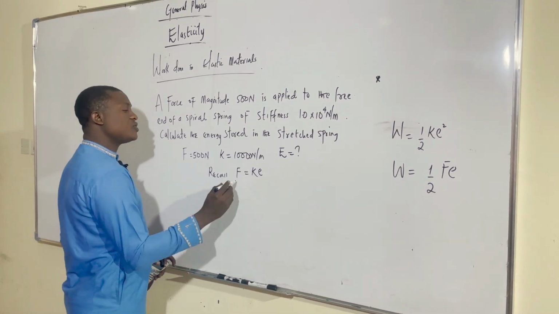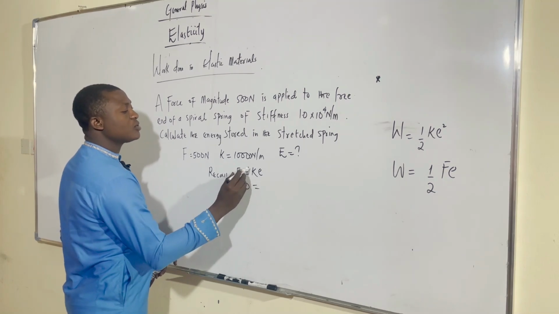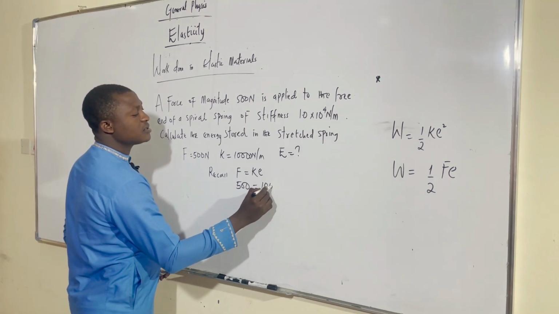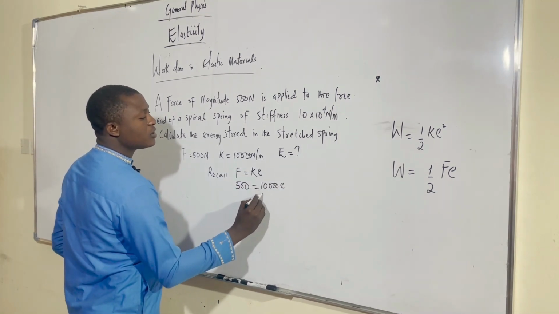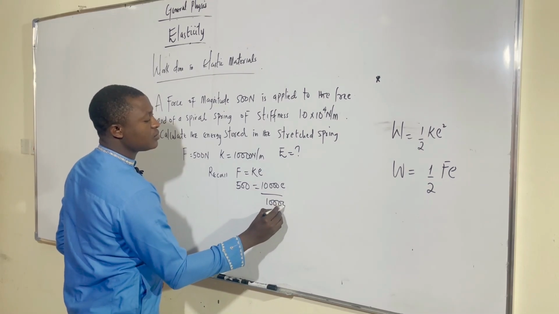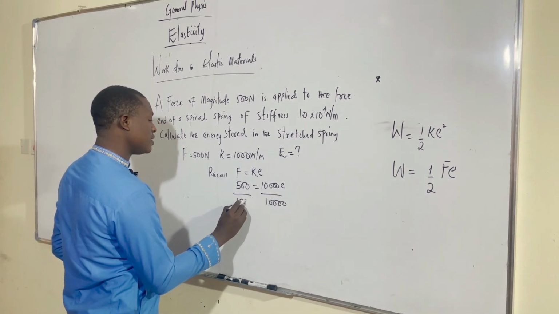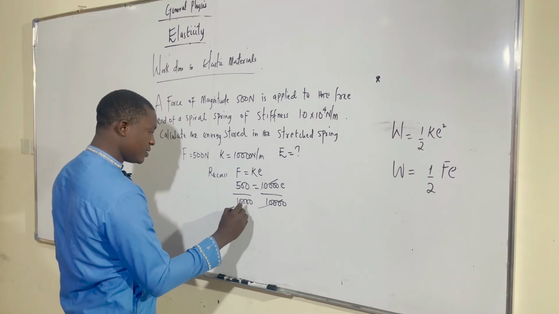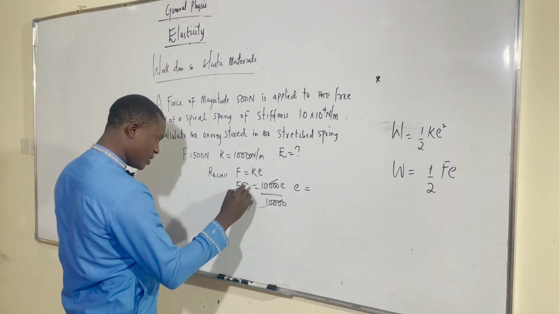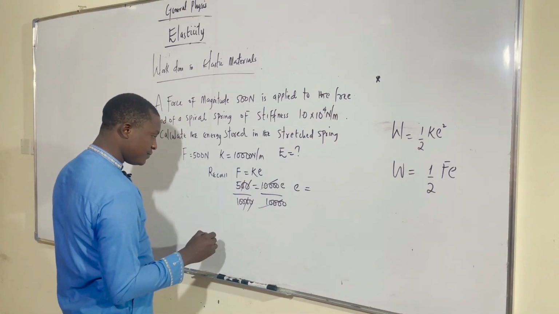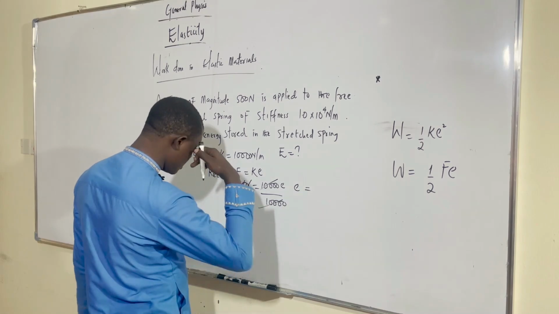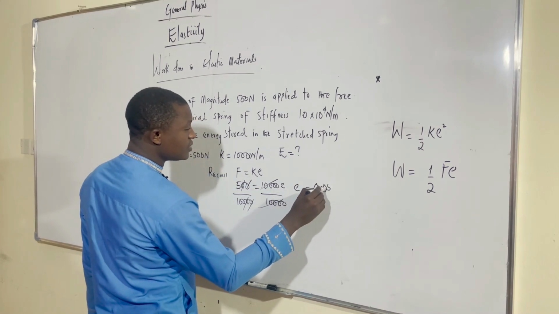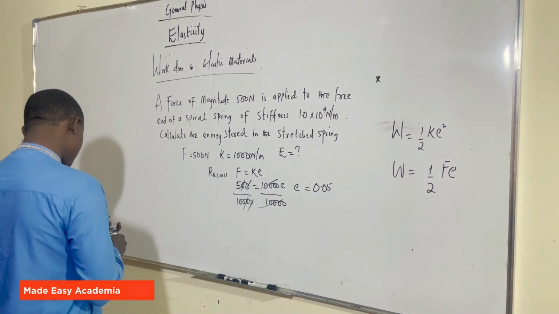So 500 is equal to K, which is 10,000, times E. Divide through by 10,000, the zeros cancel, and E is 0.05.